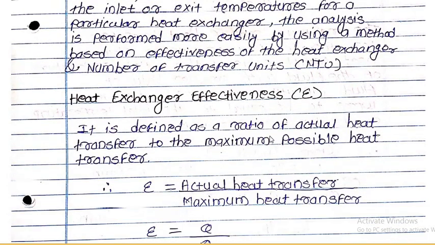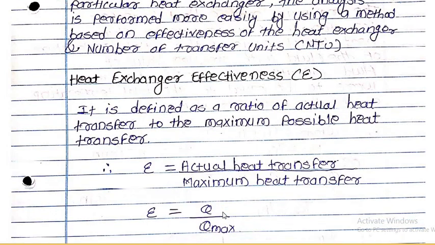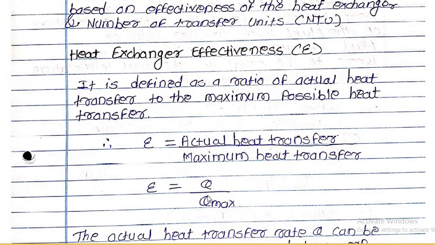It is defined as the ratio of actual heat transfer to the maximum possible heat transfer. Effectiveness is denoted as eta, so eta can be given as Q divided by Q max, where Q is the actual heat transfer and Q max is the maximum heat transfer.